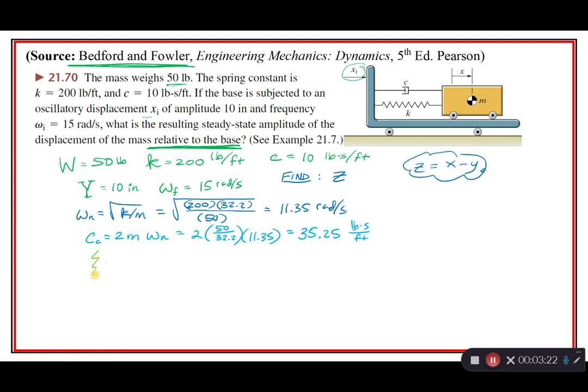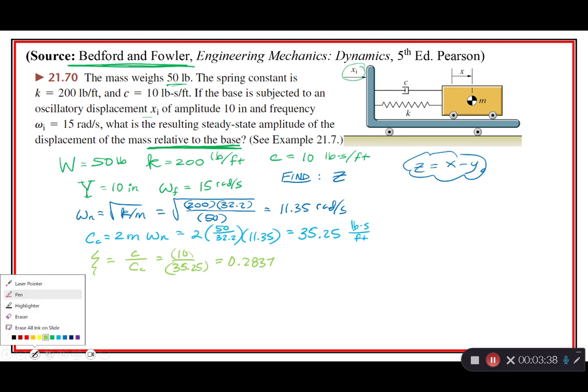And then we can get squiggle, because we have C over CC. And so we have 10 over 35.25. So we end up with 0.2837. And we can also find what R is, omega F over omega N. So what do we got?